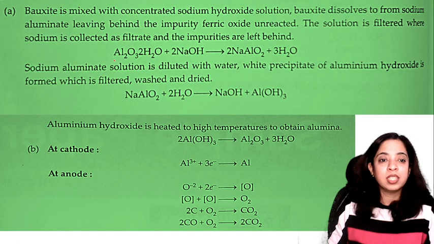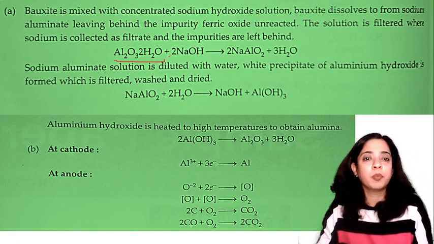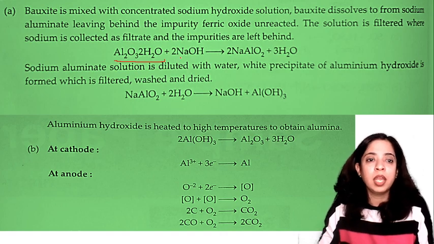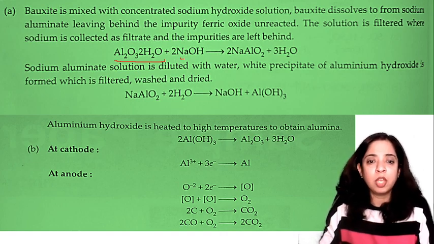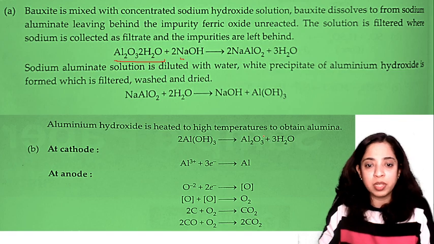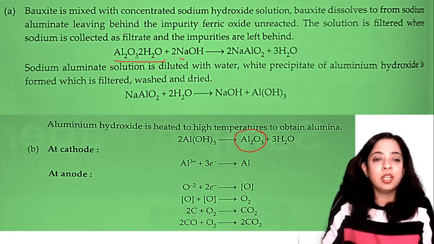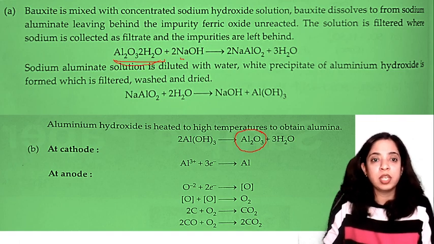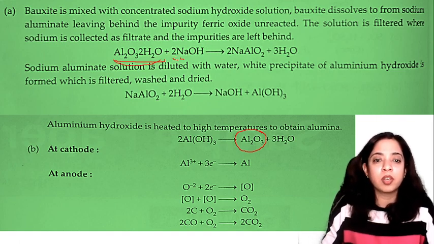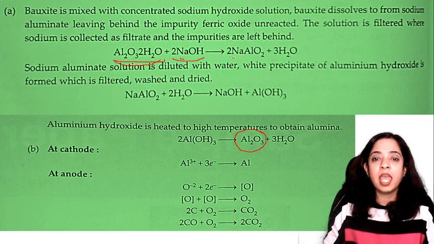This is Al2O3.2H2O, bauxite, and this is Al2O3, alumina. When it is treated with sodium hydroxide, it will form NaAlO2, sodium aluminate, and there is some impurity of iron oxide which remains undissolved.